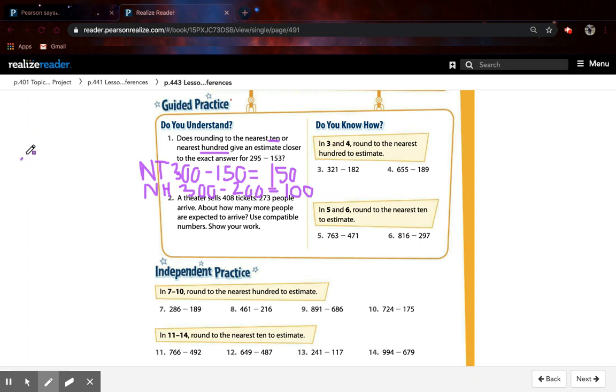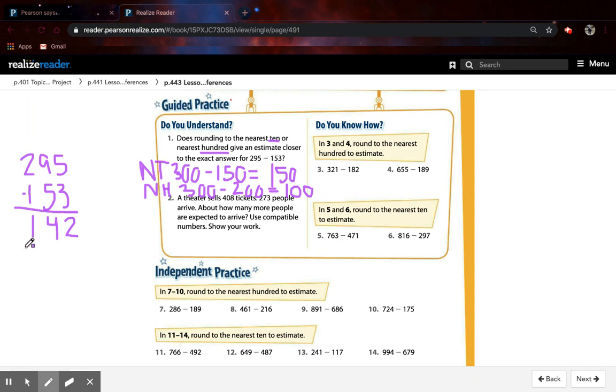And then over here, I'm going to solve the exact. So 295 minus 153. So 5 take away 3 is 2, 9 take away 5 is 4, and 2 take away 1 is 1.